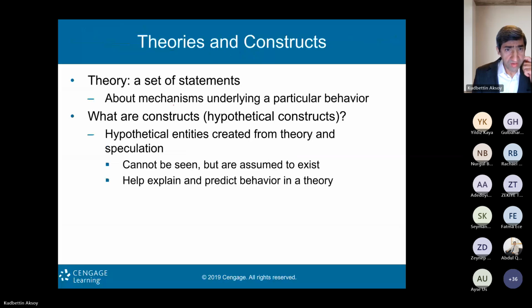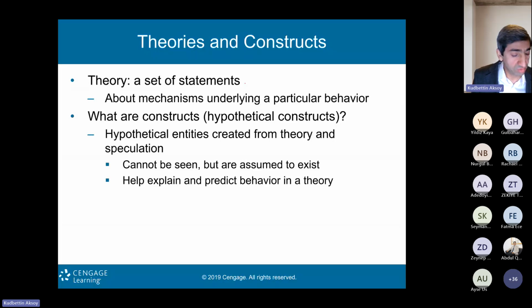In a theory, I'll come back to this construct topic in a second. We define a theory as a set of interrelated, meaningful statements that attempt to explain. The reason you have a theory is that you want to do two things: you want to describe a situation and you want to predict.